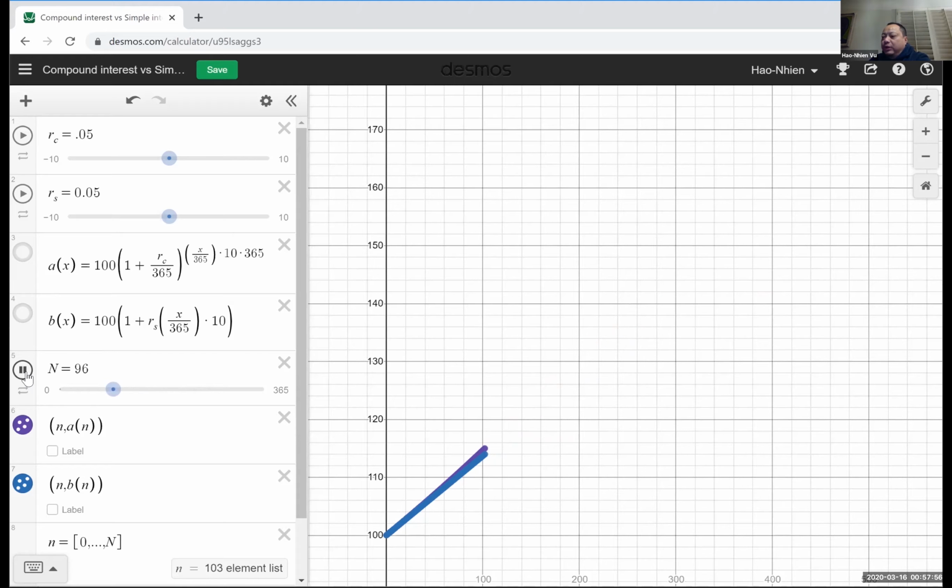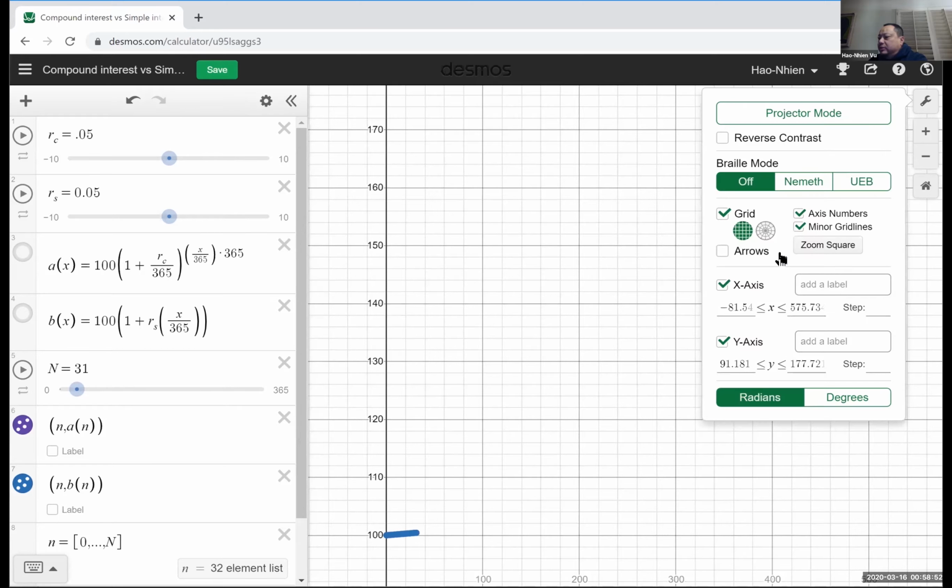So I'm going to make some changes to make it 1 year and we'll see this graph again. All right, reset. I've made it 1 year, so it doesn't grow as fast and doesn't go as high. You can't really see the differences because in 1 year, it hasn't made much of a difference yet. So let me change the settings so we can see it easier.